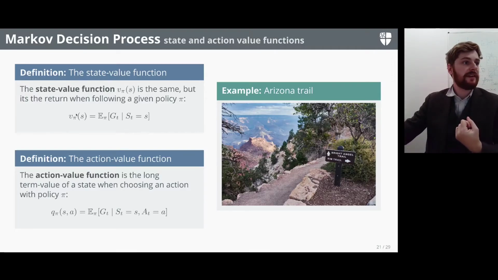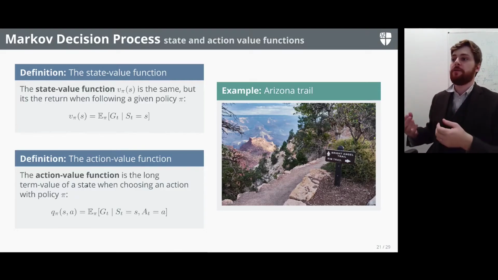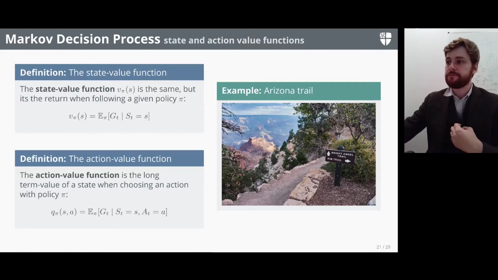So that's the state value function, but equally we also have an action value function. The action value function is the long-term value of a state when choosing an action with a policy pi. For example, for my state on the Arizona Trail, suppose I have two actions available.